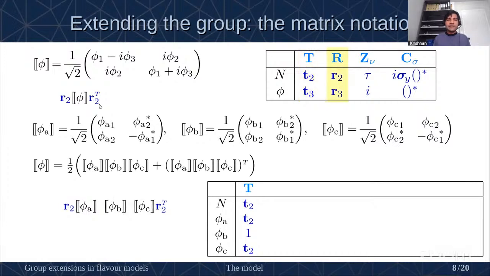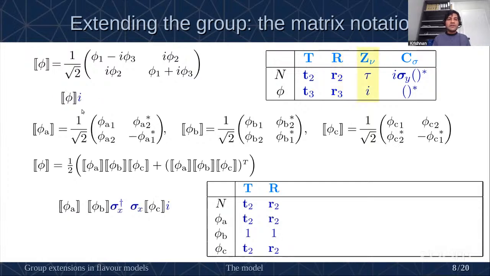R is acting on both sides, and nothing is acting on the center. So I again tabulate it. What is happening on N? Phi A, phi C are there, but phi B, nothing is happening. Next is the complexification, so the whole thing is multiplied by i. I'm going to say the right side is getting multiplied by i. Again, it is my construction, so I can say whatever I want.